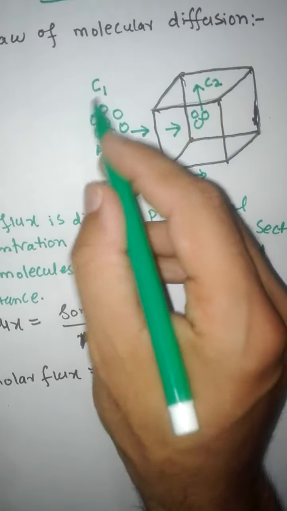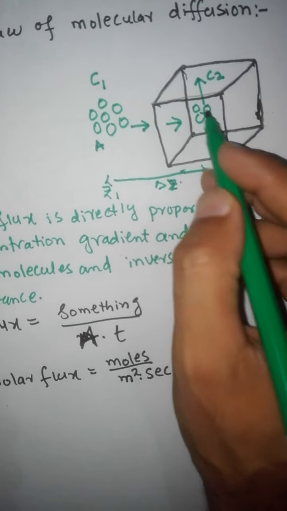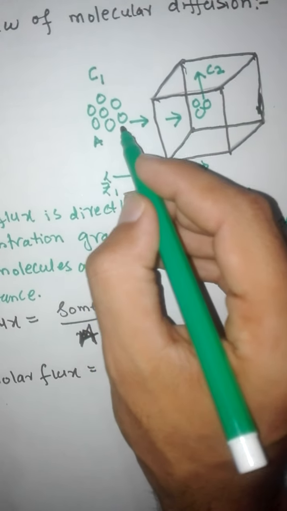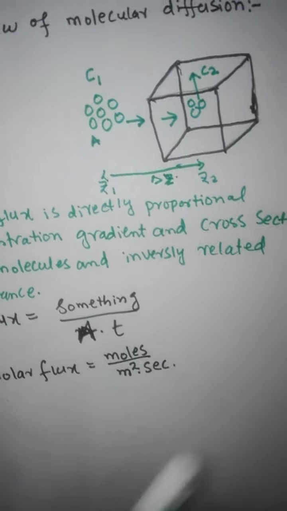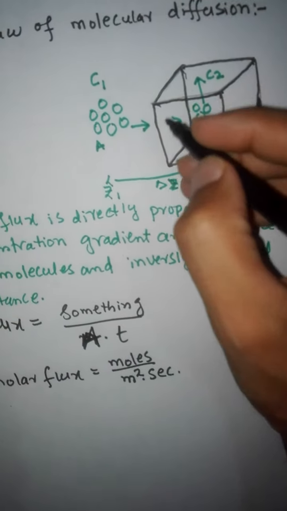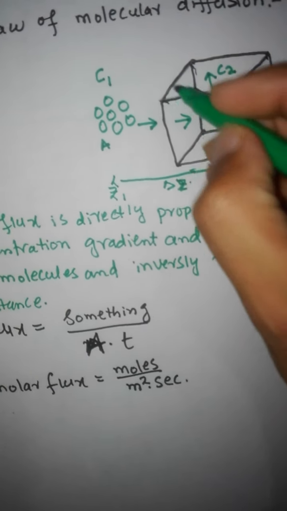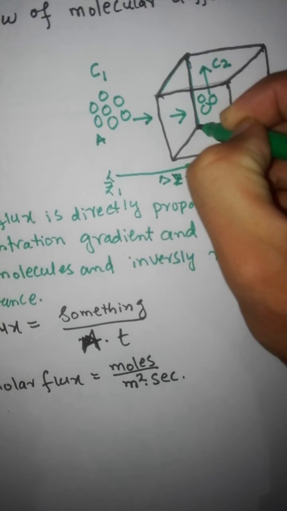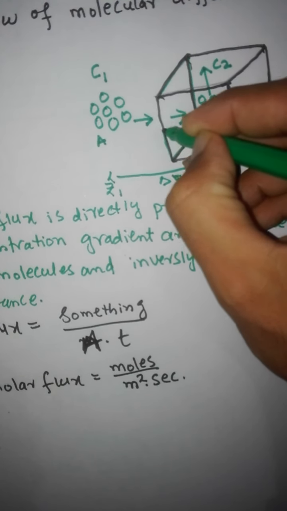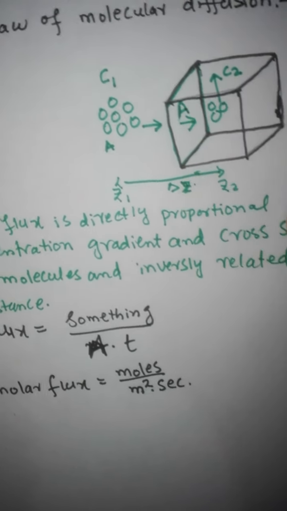Due to the concentration gradient, since the concentration here is very high and there it is very small, the molecules are transferring through a unit area. This is the cross-sectional area, and the molecules are passing through this area.